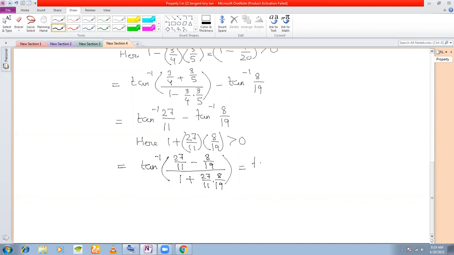I take the LCM in the numerator and denominator. You're going to get 425 by 425. This is going to cancel. Ultimately we get tan inverse 1, and you know tan pi by 4 is equal to 1. Therefore, tan inverse 1 is equal to pi by 4, which is equal to the right hand side.